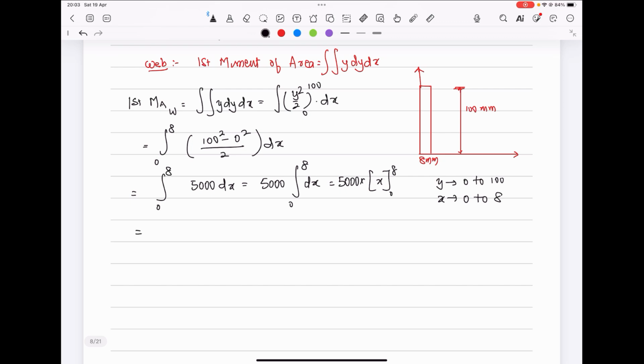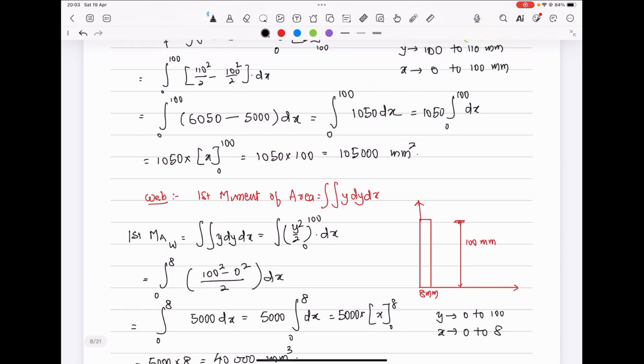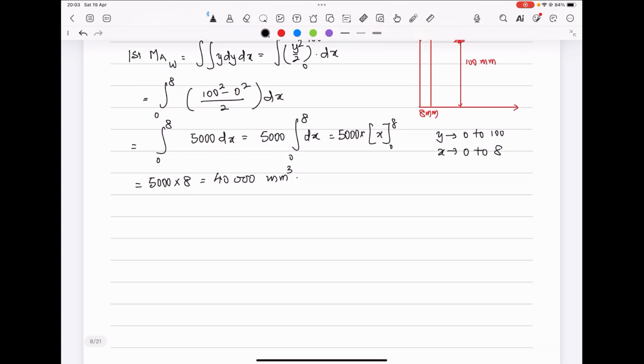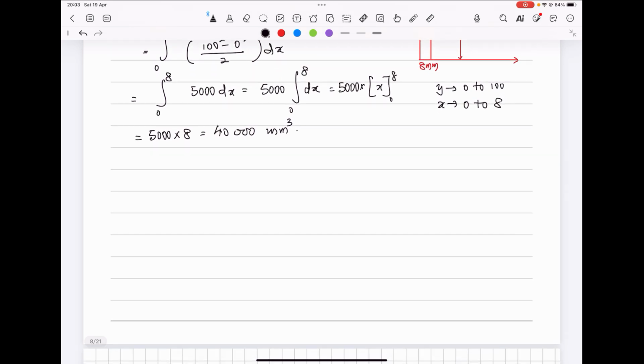That will be in the bracket. 5000 into 8 is equal to 40,000 cubic mm. Previously it was 105,000 cubic mm. It is not square because it is y dy. It is 40,000 cubic mm.